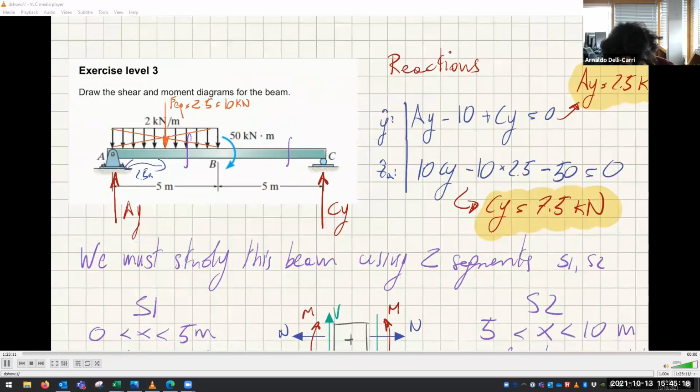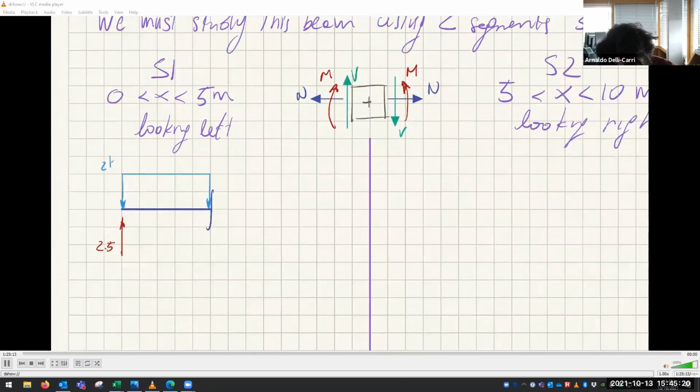This is 2 kilonewtons per meter. Of course, you have an equivalent force applied in the middle. This distance is x. And for the convention, we have this is m of x, and this is v of x. As it's always the same thing, it never changes.